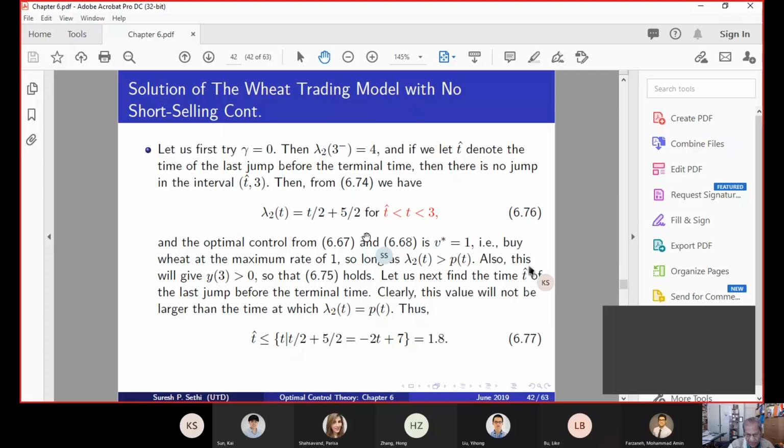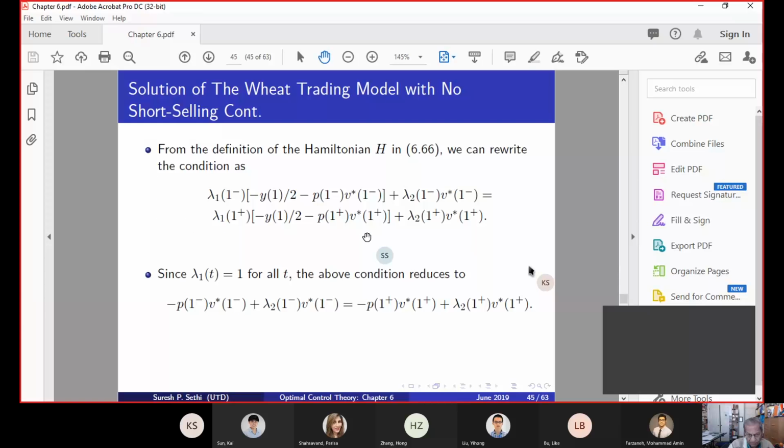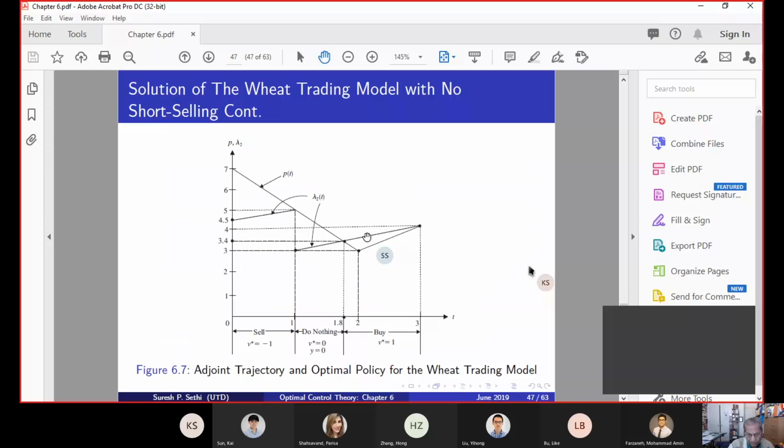Let's look at the picture. You can see that this is my lambda, from t hat. We'll see what t hat is right now. This is my lambda, which follows the price trajectory.